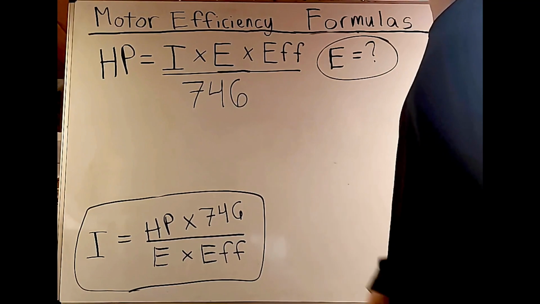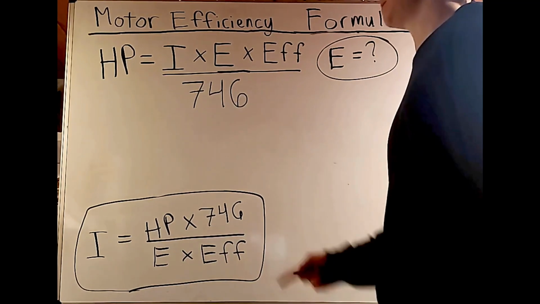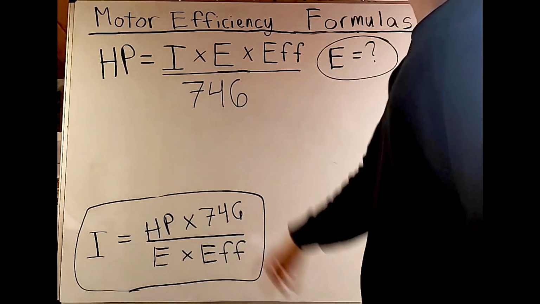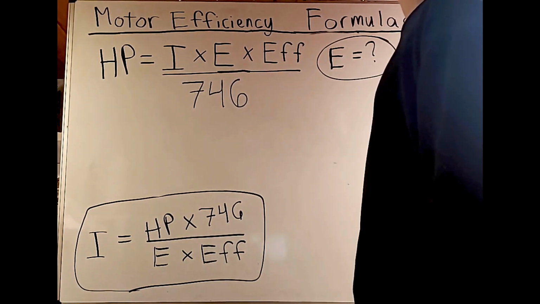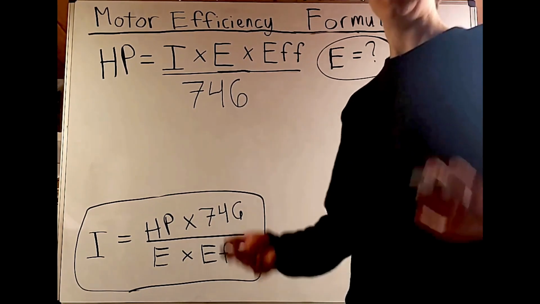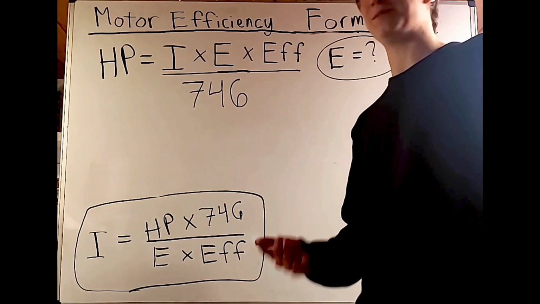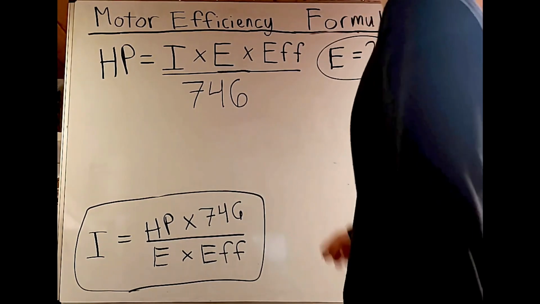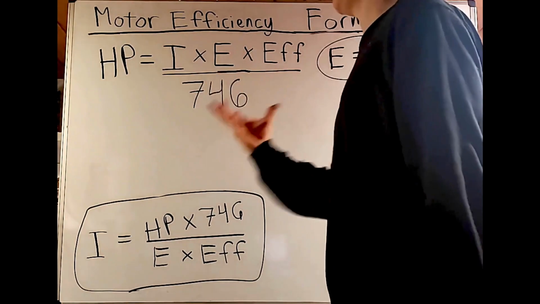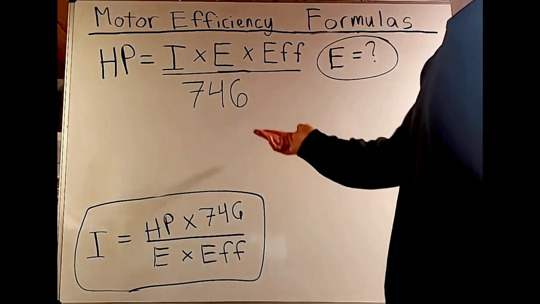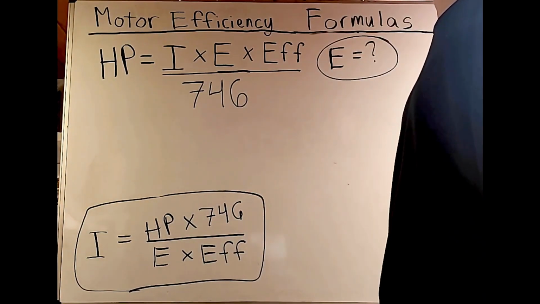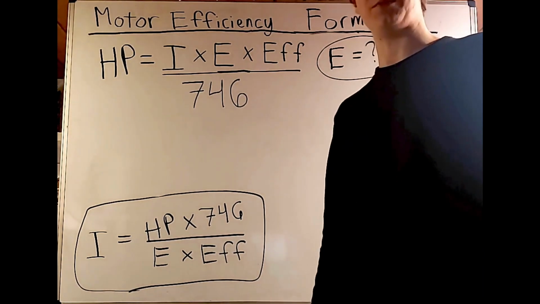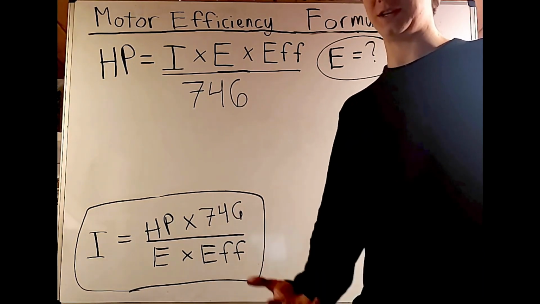If you want to think of something funny, think of when you get hurt, you might say IEF or something. I don't know, just little things to help you remember. Things like that can really stick with you when you make up something stupid like that. So try something like that. And then divided by 746. I couldn't think of a clever way to remember 746. You could think of whatever you want to help you. I'm just going to think of remembering the number 746.